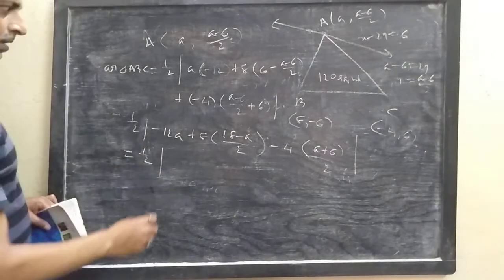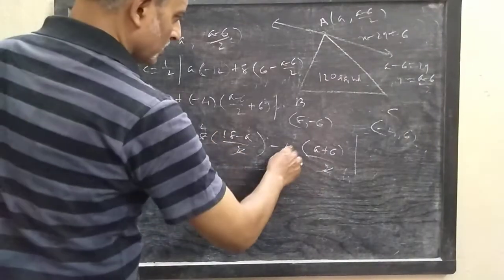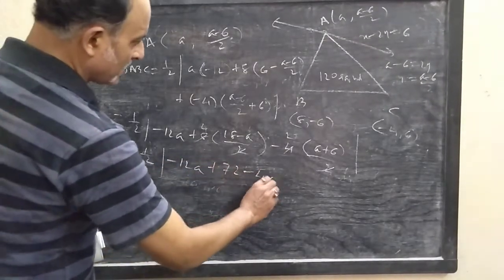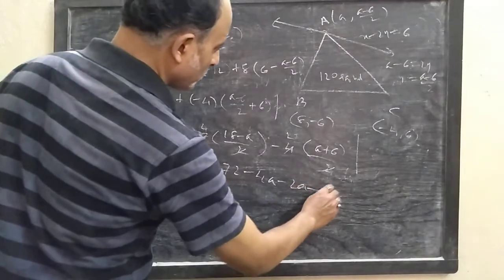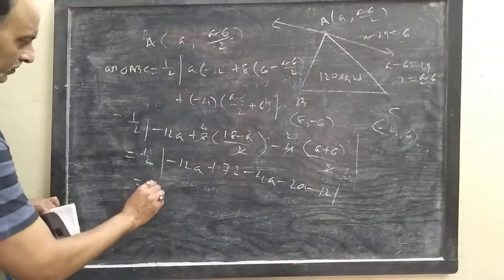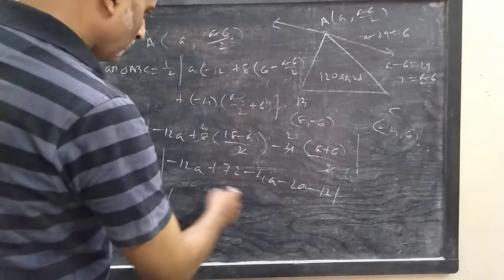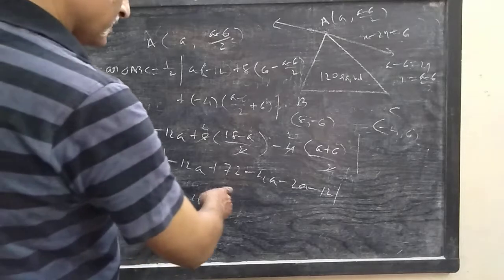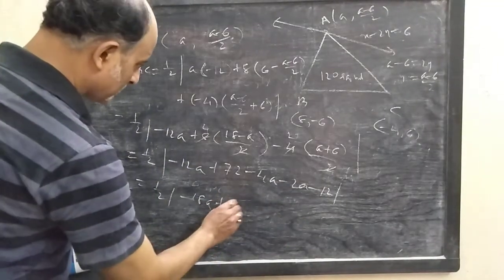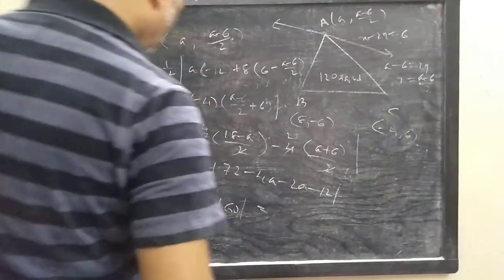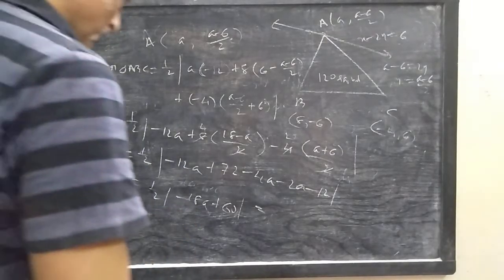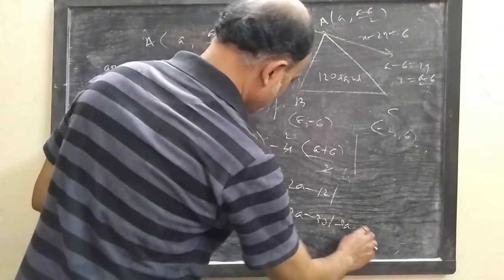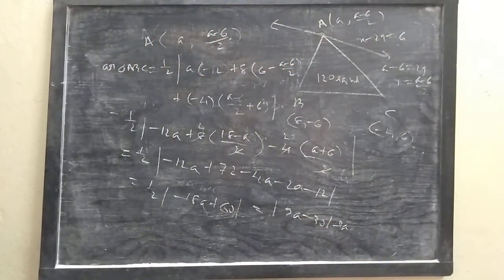Simplifying: minus 12a, 4 18s are 72, minus 4a, minus 2a minus 12, so minus 18a, 72 minus 12, this is plus 60. You can take common 2, and as there is mod, you can write it in this way: 9a minus 30 square units.